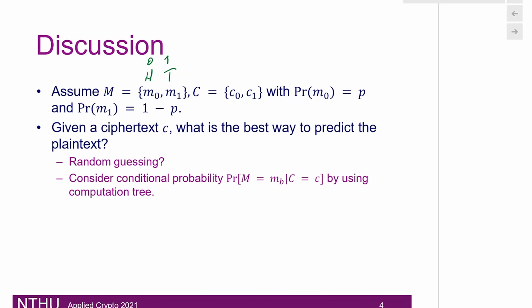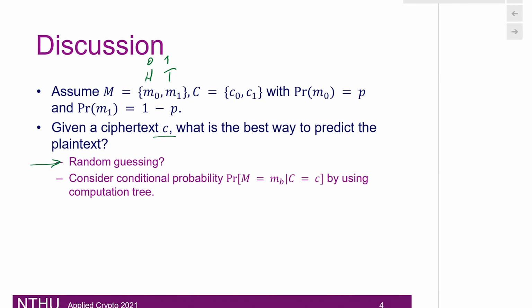So now we want to ask ourselves this question. Given a ciphertext C, we know that it shouldn't provide any information to the adversary, but suppose we don't accept that formula. So, let's pretend to be the attacker now, and let's find out what is the best strategy to predict the plaintext given the ciphertext. There are 2 ways to do it. The first one, we use the easy way and just say random guess.